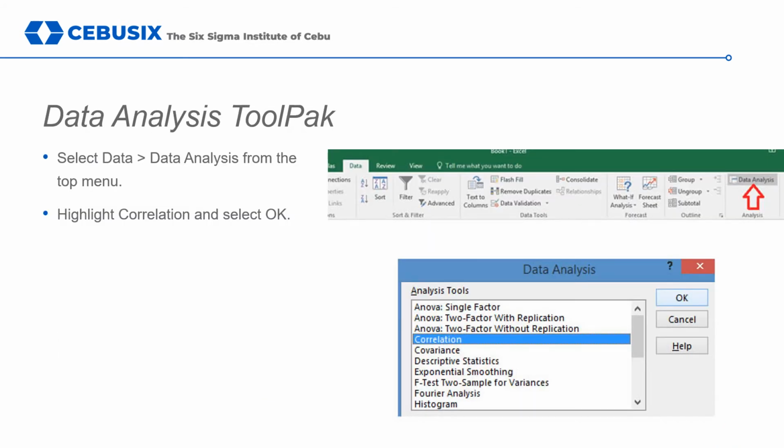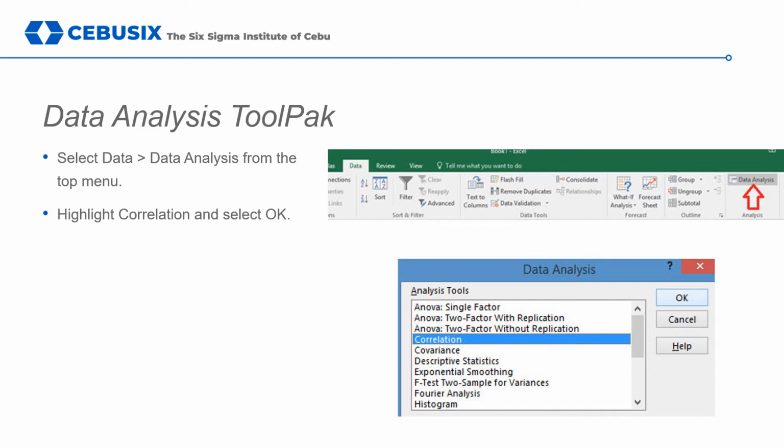You can also use the Analysis ToolPak in order to calculate correlation coefficients. So using the same data, we are going to calculate the R value, the correlation coefficient, for time and temperature B. To do this, we select the Data tab above the ribbon and choose Data Analysis. When the dialog pops up, simply choose the Correlation option and click OK.